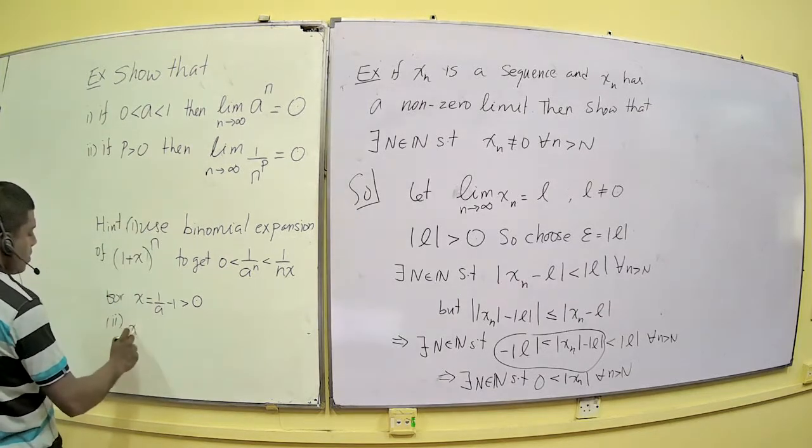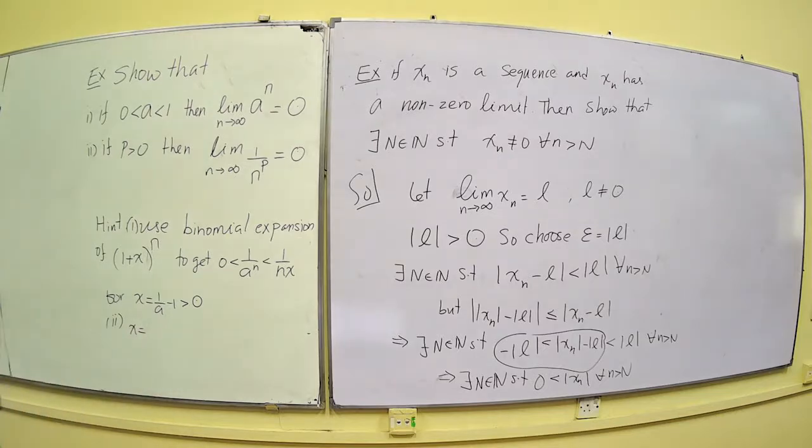For the second part, you pick x as n to the power 1 upon p minus 1.